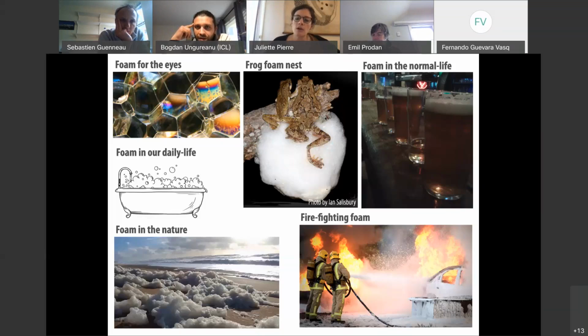We looked at the mechanical properties at the beginning of the work, but I can't remember why we stopped this. Because we looked at the static regime or something like that, and we are looking for something dynamical.